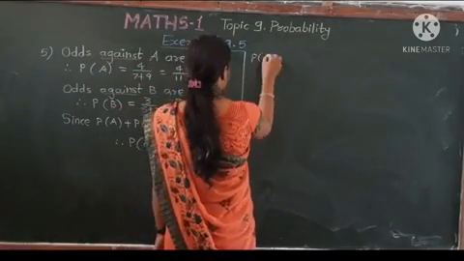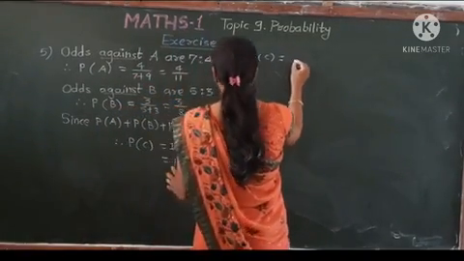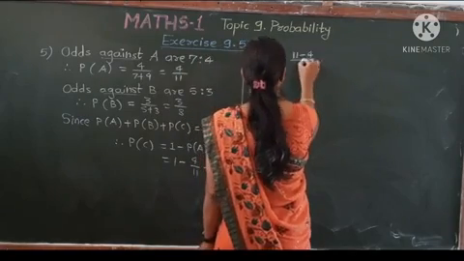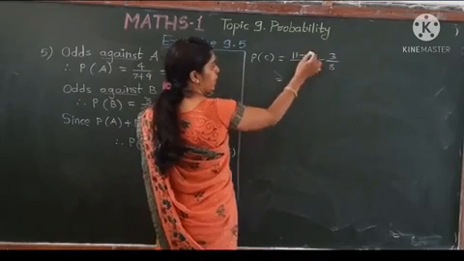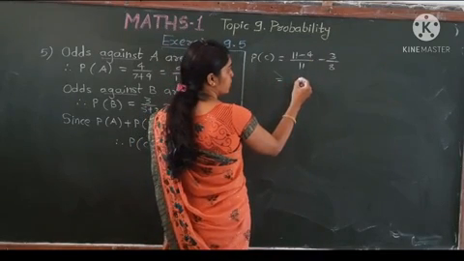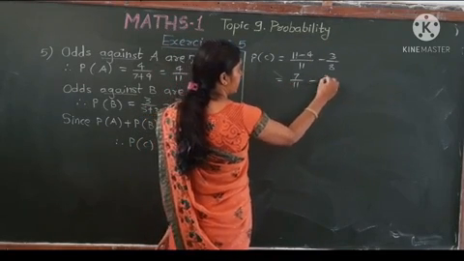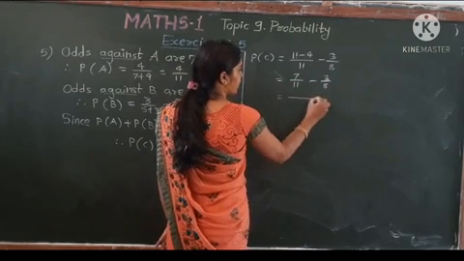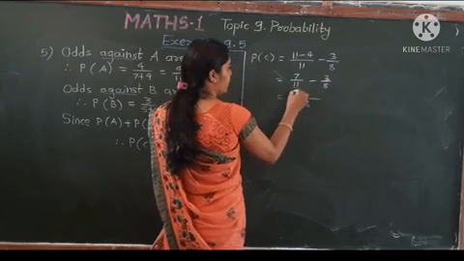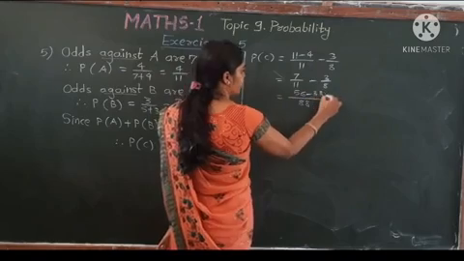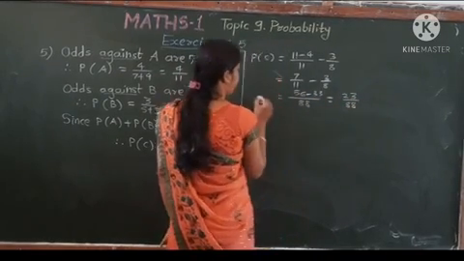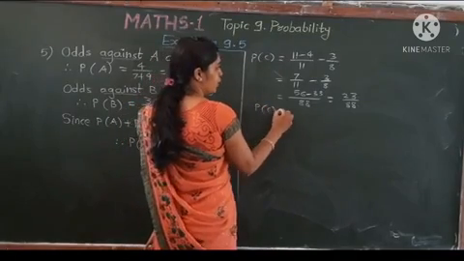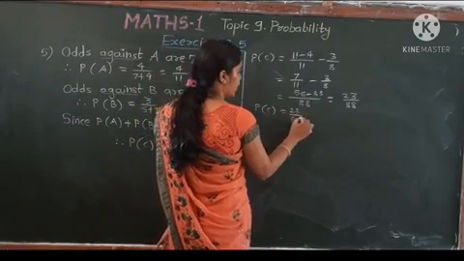Therefore, P of C is equal to 1 minus 4 upon 11 minus 3 upon 8. 11 minus 4. 7 upon 11 minus 3 upon 8. 88. 56 minus 33. 23 upon 88. P of C value is 23 upon 88.